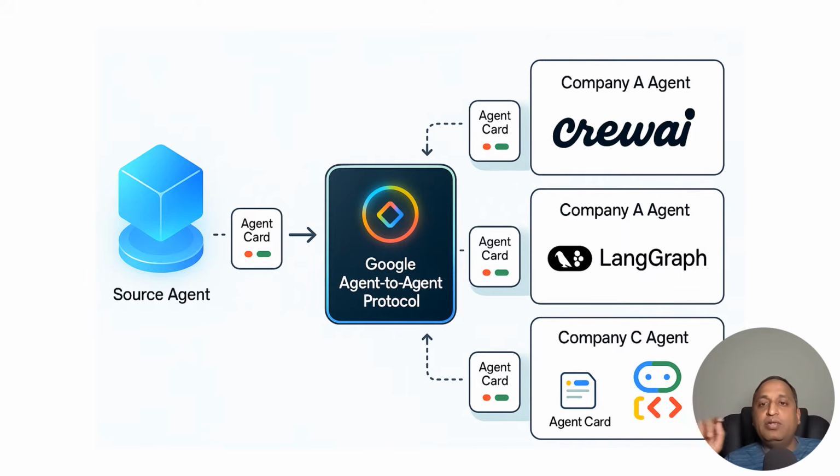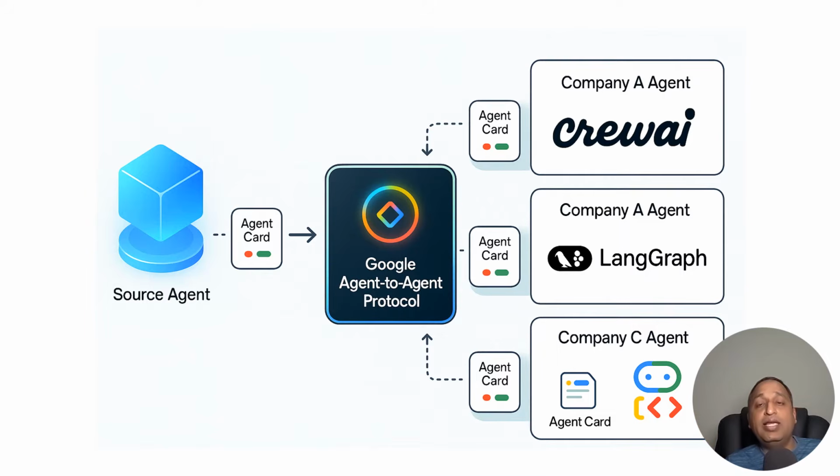If you recall how the Model Context Protocol works for agents to connect with tools, MCP connects an agent with the tools required without the agent having to write a lot of integration logic. The same thing happens here for the A2A protocol. It's just that instead of an agent talking to tools, an agent is talking to another agent, right? That's the difference between MCP and A2A.